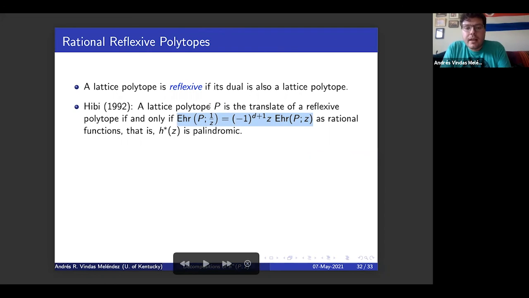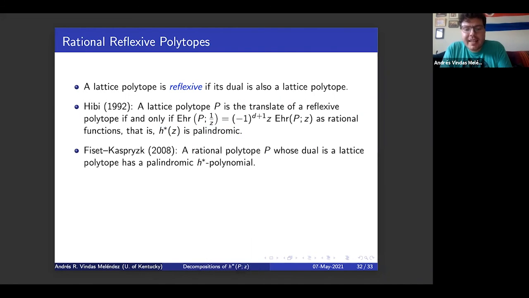In other words, P is a translate of a reflexive polytope if and only if the H star polynomial is palindromic.